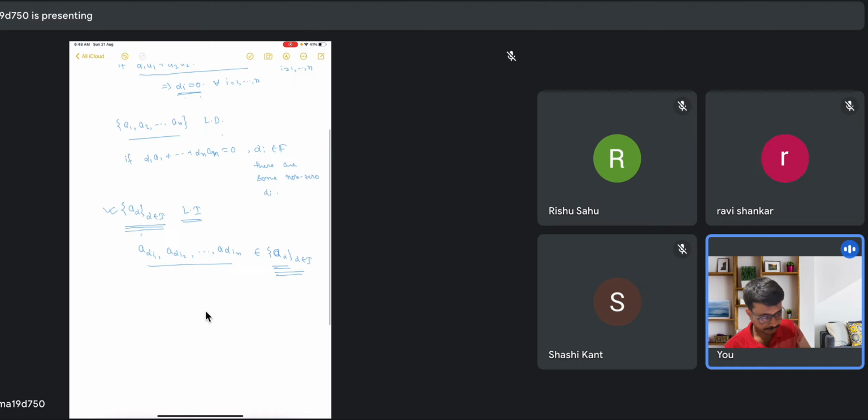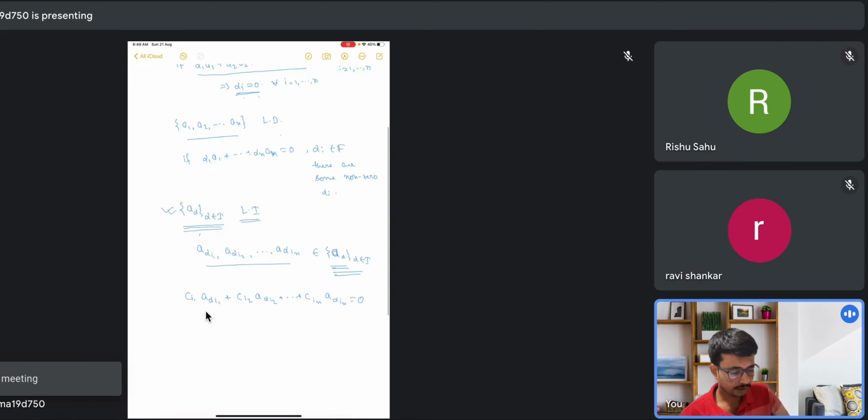Now we will see that if c i1 alpha i1 plus c i2 alpha i2 up to c in alpha in equals 0, where c i1 up to c in all belong to the field, and this implies c i1 equals c i2 equals up to c in equals 0, then we will say that this collection is linearly independent.